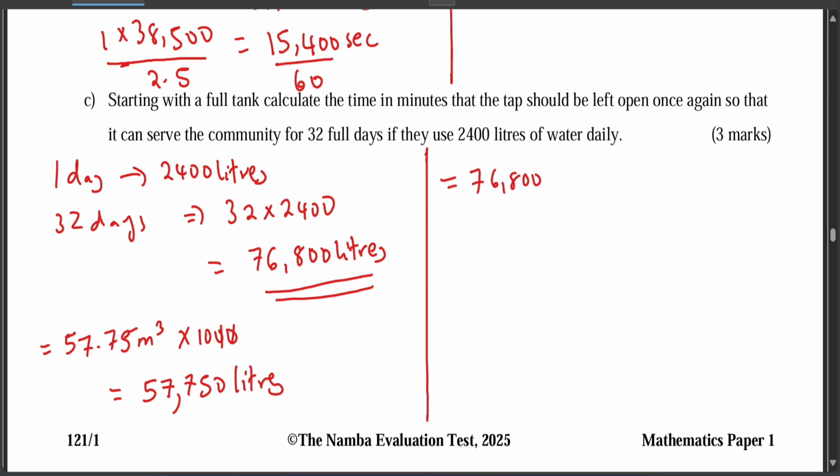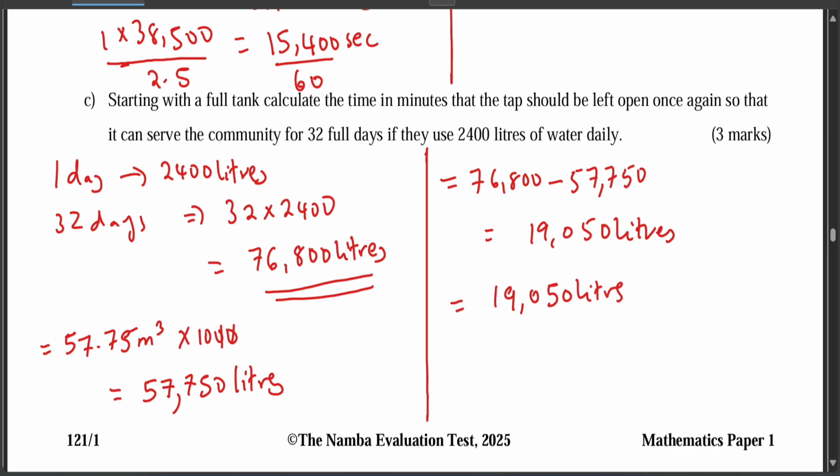So take the 76,800 minus the full tank, minus the 57,750 liters. How much will it give you? It should give you 19,050 liters remaining. So again, you take the 19,050 divided by the 2.5 liters per second.